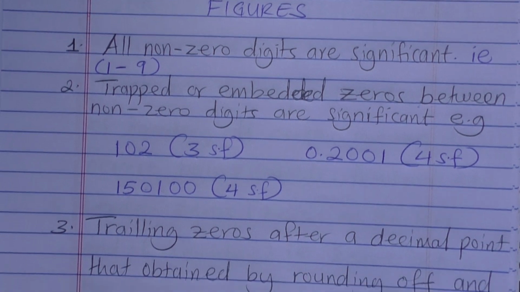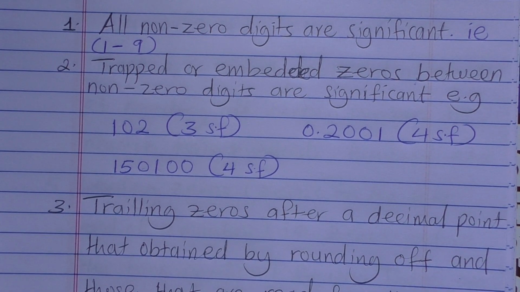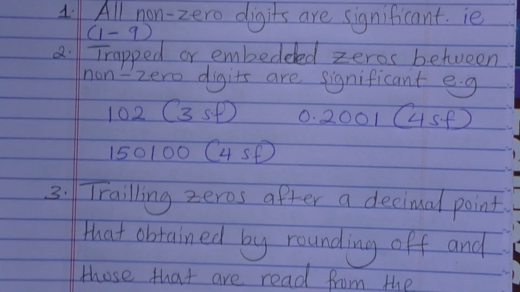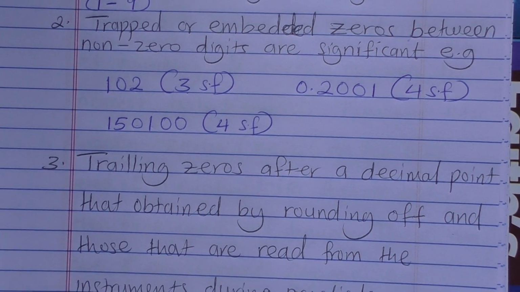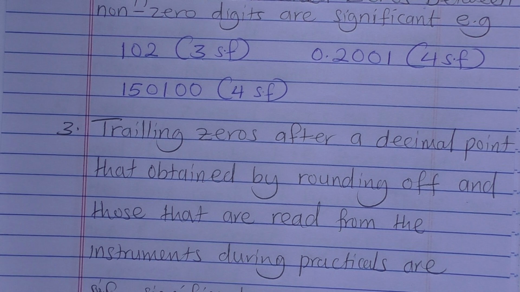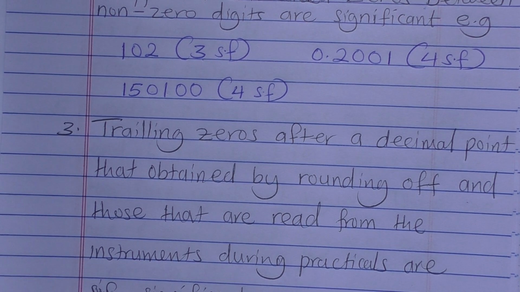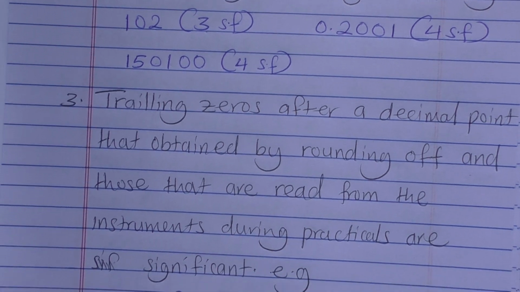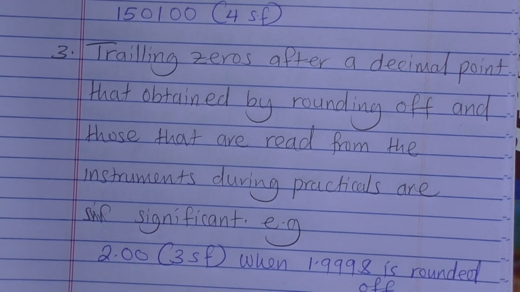The third rule says the trailing zeros after a decimal that are obtained by rounding off, and those that are read from the instruments during the practicals, are considered to be significant.